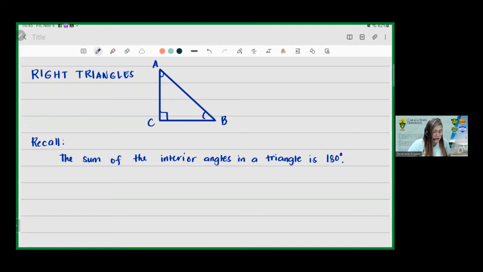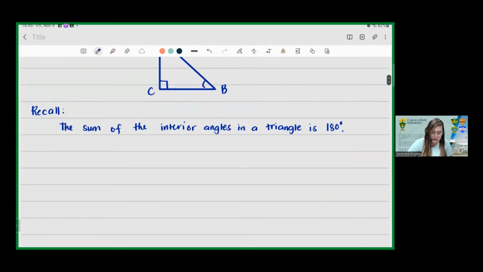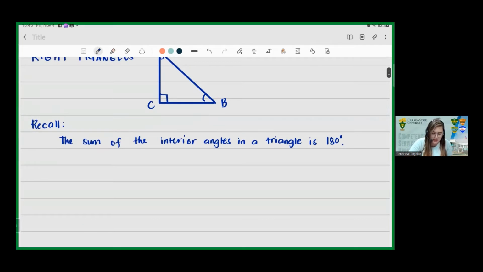Okay. So, if we have this triangle, the sum of angle A plus angle B plus angle C is equal to 180. Since angle C is 90, this is a right angle.